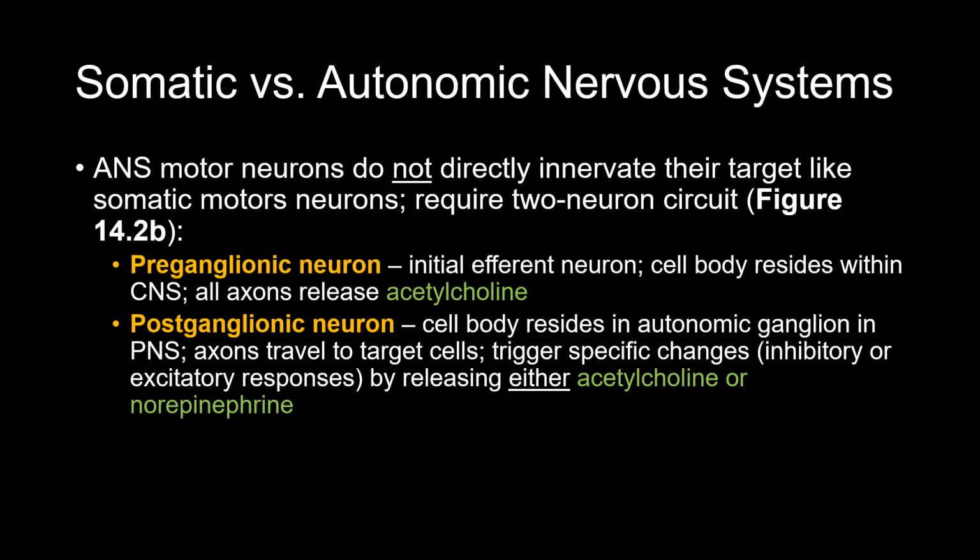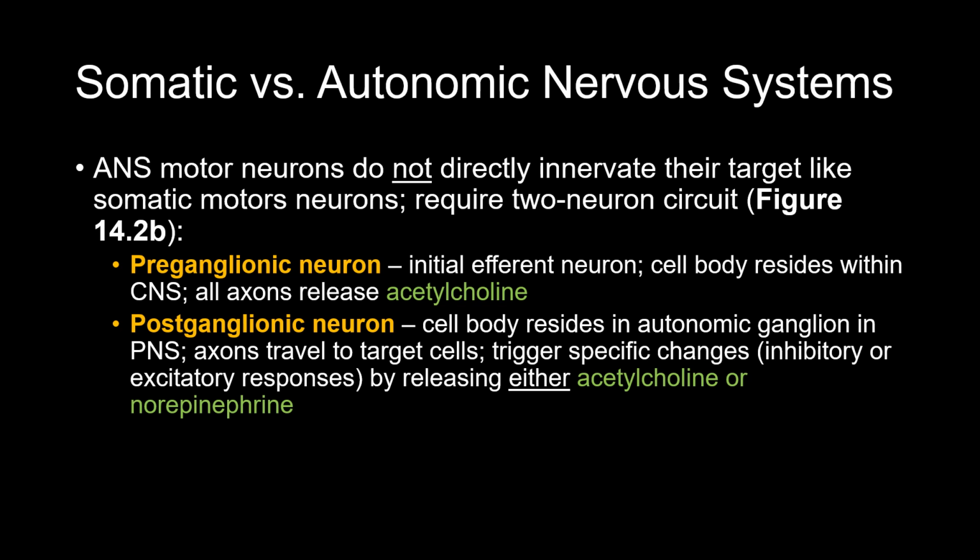First is the initial efferent neuron, whose cell body resides in the CNS, okay? This is the preganglionic neuron. And the preganglionic neuron will synapse directly onto the cell body of a second neuron called the postganglionic neuron, which is within an autonomic ganglion in the PNS.